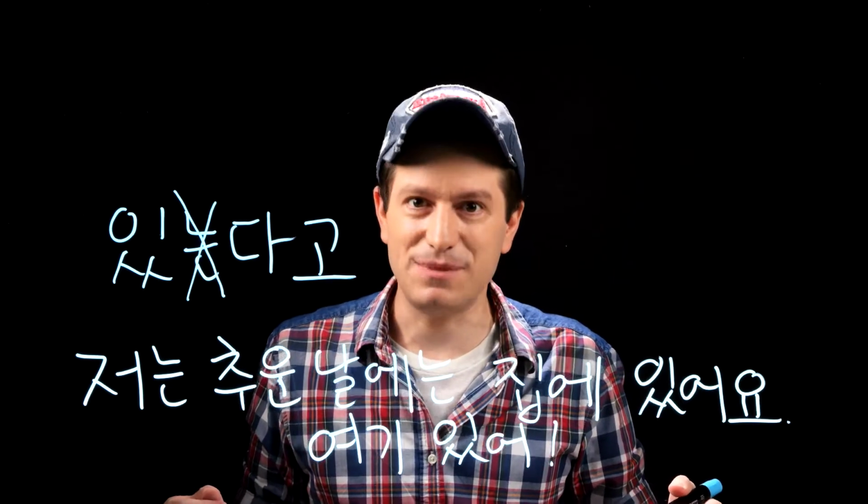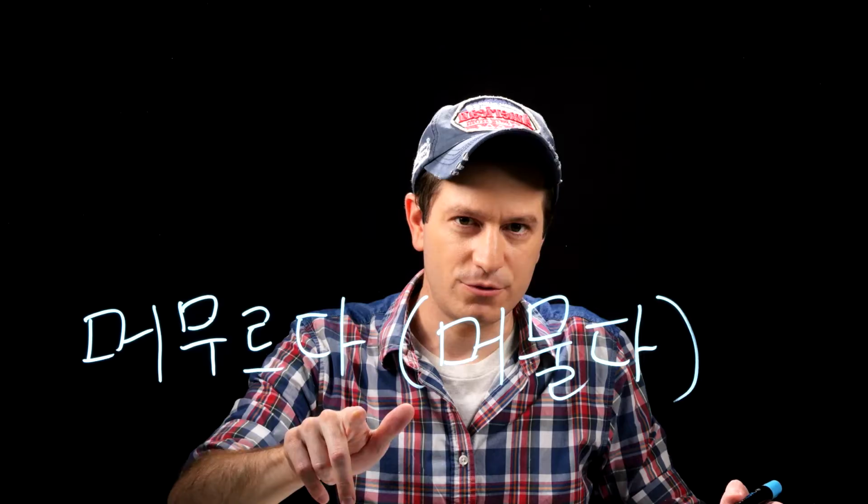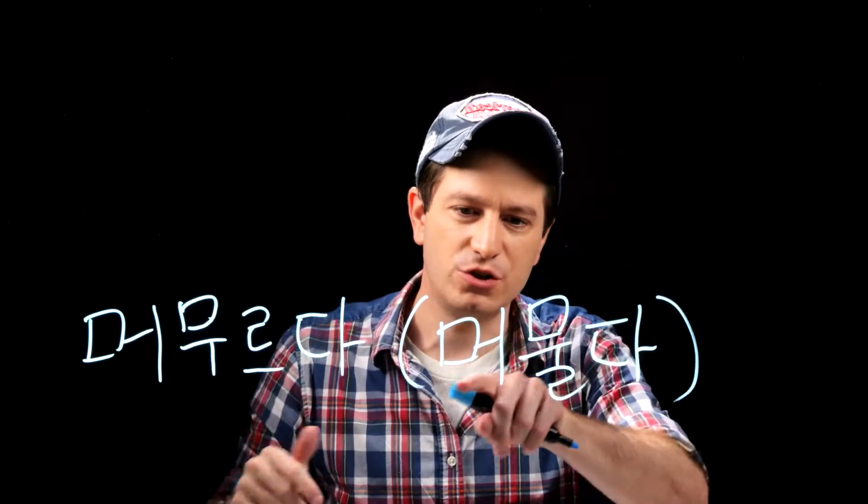So just keep in mind that even if it's not being properly conjugated the right way, it still can have that secondary meaning. Now I should note, this is not the verb that you would use when you're saying that you're staying at a hotel or you're staying at your friend's house, that sort of stay. This is more like staying put, as in not going anywhere. If you wanted to say that you're staying somewhere, like you're staying the night at a hotel or something like that, you would want to use a different verb, and that is 머무르다, which is more commonly just shortened to 머물다.